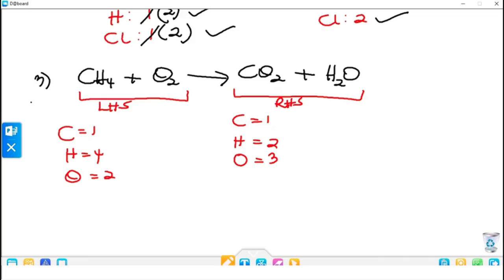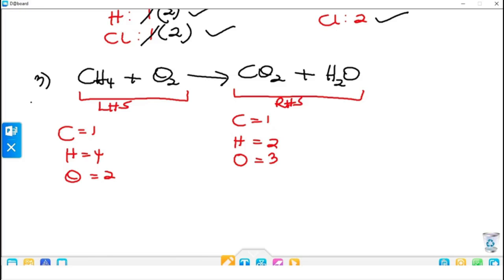Now, to balance the equation, we only have to, through trial and error, using our pencil for a start, attempt different numbers to see how they can balance the equation.